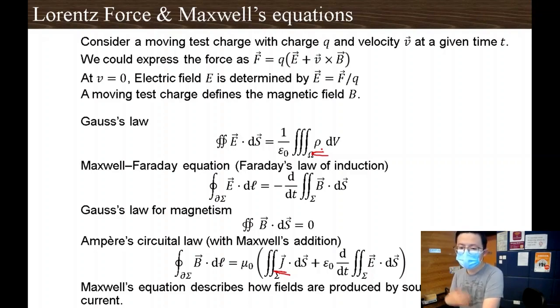These fields are generated by some source charge and current distribution, then you can calculate the E and B fields, and the E and B fields can exert additional force on a test charge. So basically they separate the source and test charge interaction into two steps: one is to generate the field, and then apply the field to the test charge.